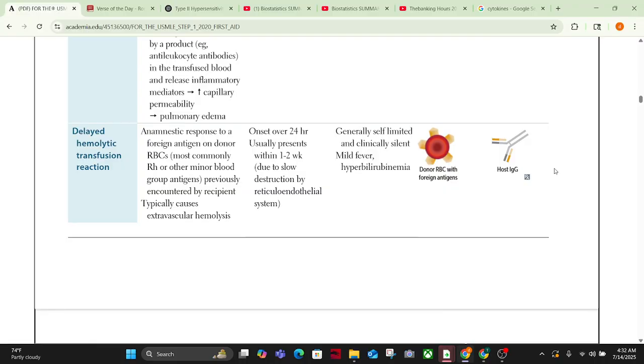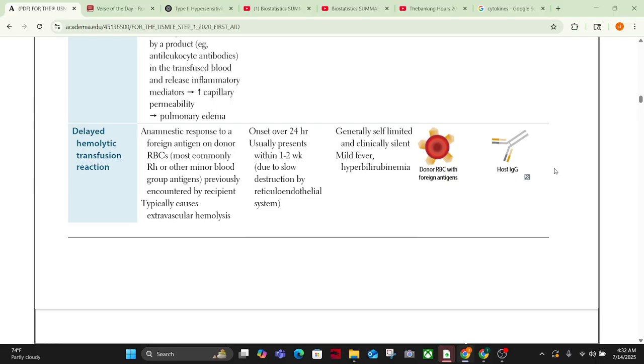So what that means is the donor has Rh antigen on the RBC and the recipient has no Rh antigen on their RBC. So the recipient produces Rh antibody, also known as IgG antibodies, upon re-exposure to the transfused blood.